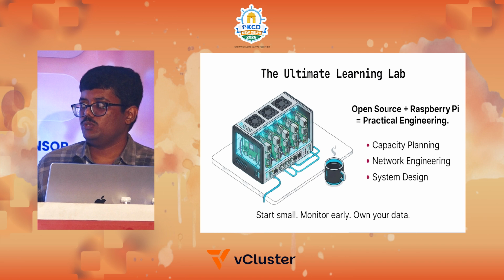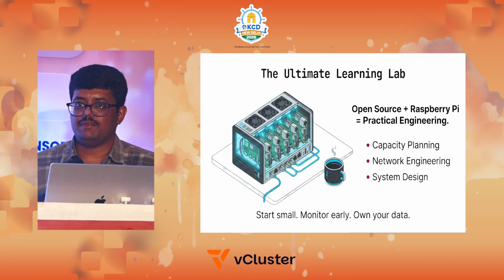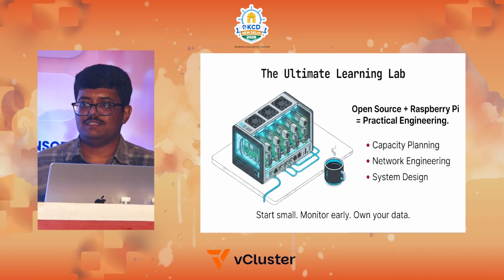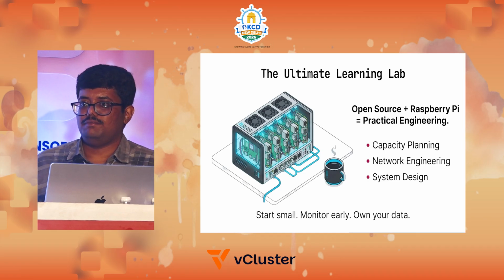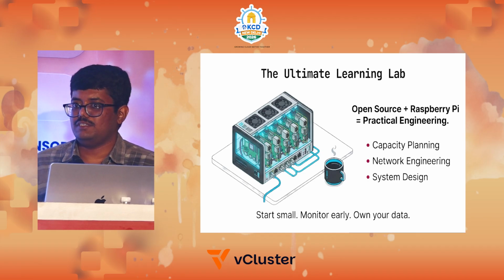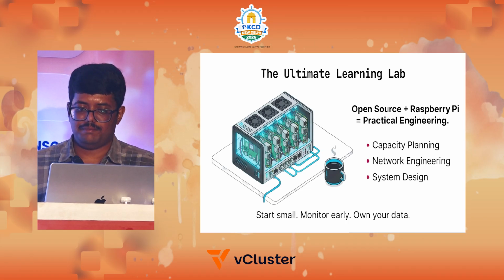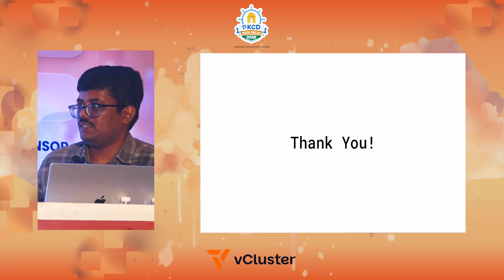Then do also learn about things like capacity planning, what capacity you should plan for your application. Also, what network engineering should look like, as I showed with the VPN configuration and everything, and also system design. These are some of the key takeaways you can learn if you are creating your own lab on Kubernetes on Raspberry Pi. So I think that mostly concludes my session.